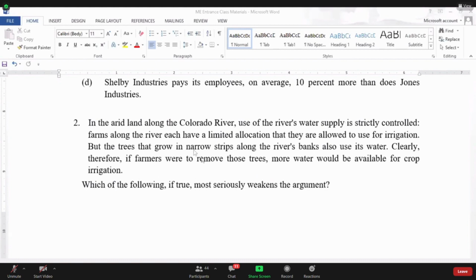So here the main idea, the argument focuses on the removal of the trees. Removal of the trees for what? For crop irrigation. The main idea focuses on this point. Now, which option says that for crop irrigation, trees should not be removed from the banks of the Colorado? Did you understand?